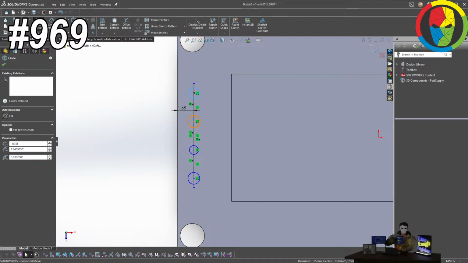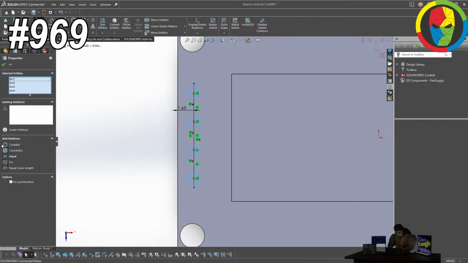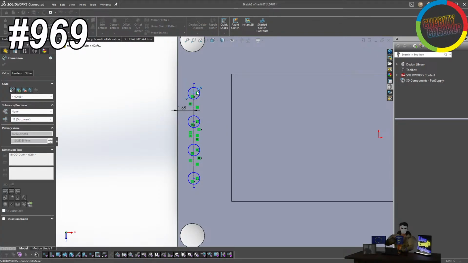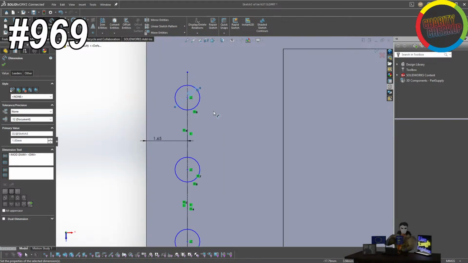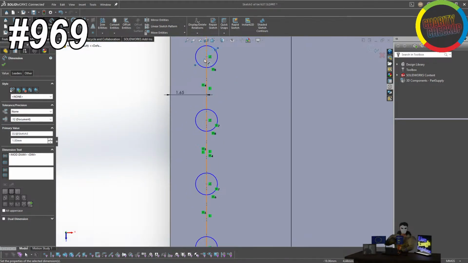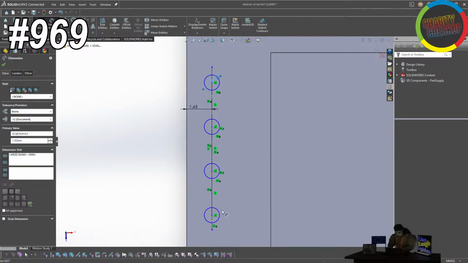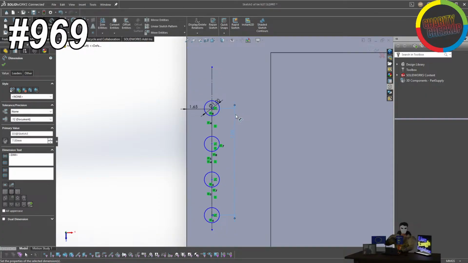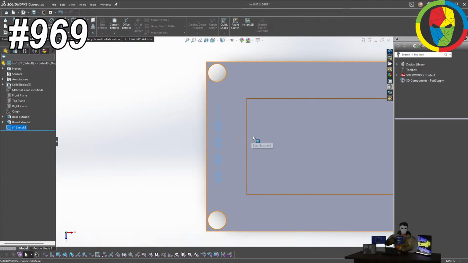Then we want all of these to be equal. 1mm. And then the distance from the top of the first, so the distance from here to here should be 7, I imagine. Right? Or did I get that wrong?